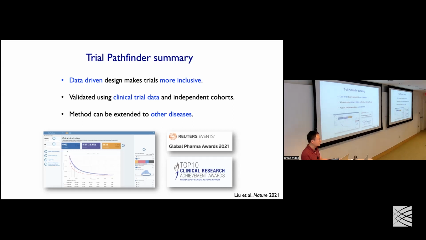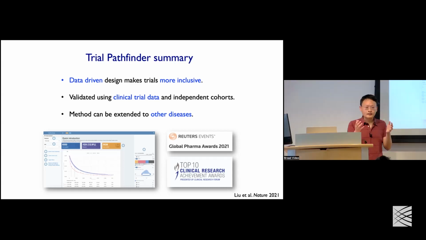The rules that you learn for inclusion and exclusion in the trials, are they simple and interpretable, like lab value A must be some threshold, or is it a more complicated decision? Yeah, so one of the really nice things is that it ends up being very simple insights, very simple rules. For example, the algorithm learned that a lot of the lab values, like bilirubin counts, ended up being too narrow in the original clinical trial.